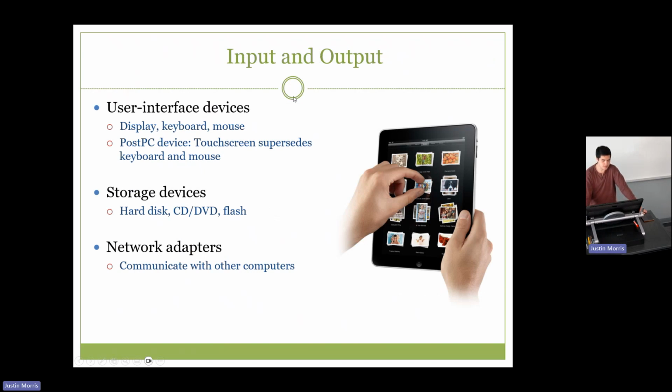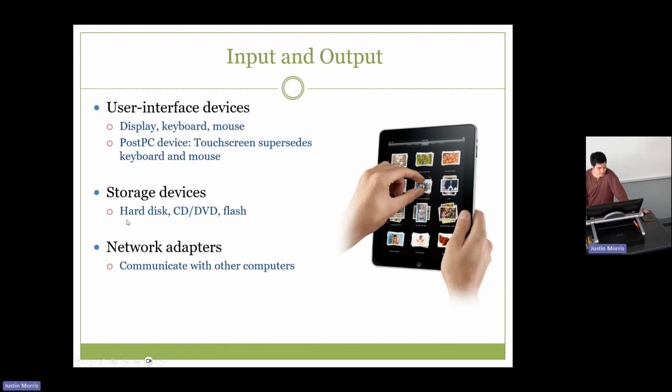So there are many different kinds of inputs and outputs. You have your display, like this one, okay? Your keyboard, your mouse, and then like we talked about in the post-PC era, we also have touch screens. And within that touch screen, we have a keyboard. You could have a mouse. There are accessibility applications.